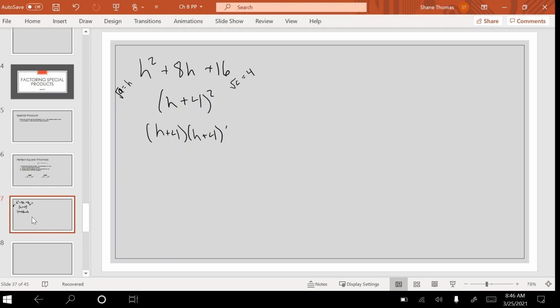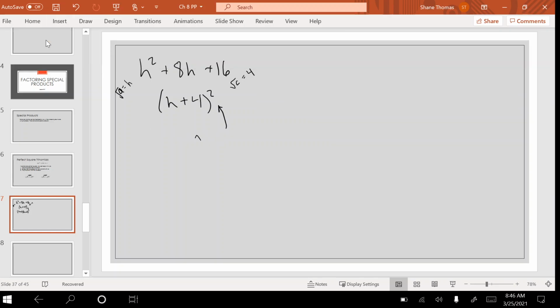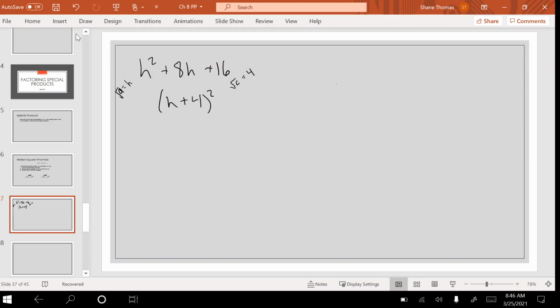All this means is that set of parentheses twice. Is that easy enough? That's it. You're done, because that is your two sets of parentheses.